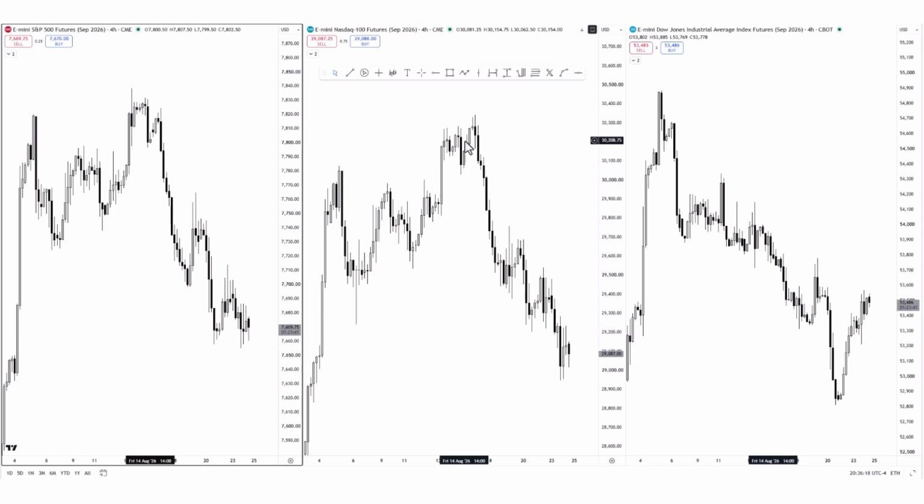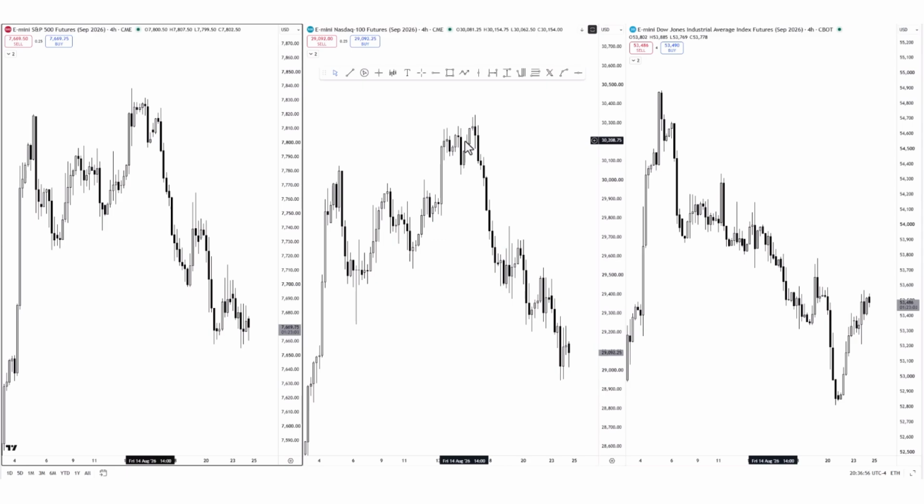So, first, if you're brand new, these assets are the assets that you should be focusing on. Not gold, not silver, not the dollar index. These assets that you see on the screen right now are the ones that you should be focusing on. That's it. So, this is the futures triad. We have the S&P, the Nasdaq, and the Dow.